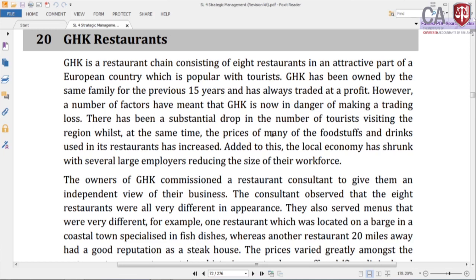GHK is a restaurant chain consisting of 8 restaurants in an attractive part of a European country which is popular with tourists. How many restaurants do they have? They have 8 restaurants.